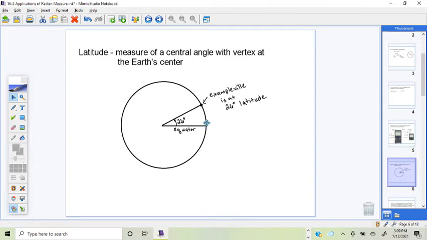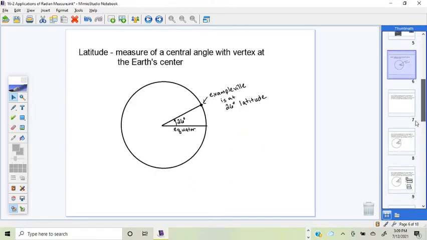Remember, latitude is how many degrees it is if you're considering the equator as being 0. So this would be 26 degrees north latitude, if you remember from that section in your geometry class.